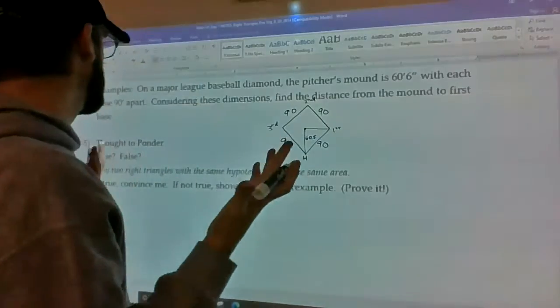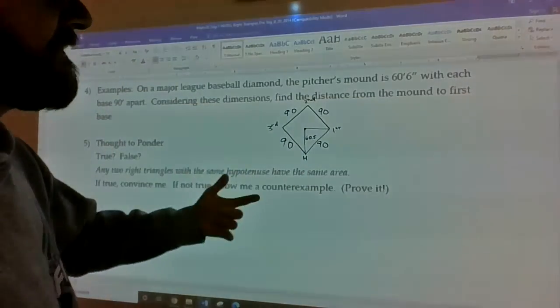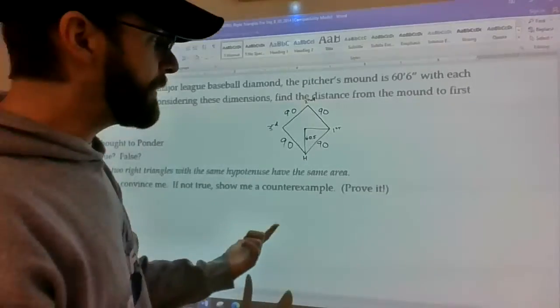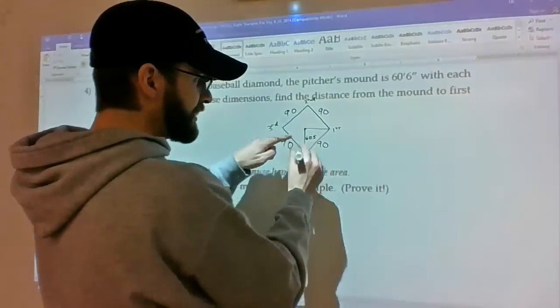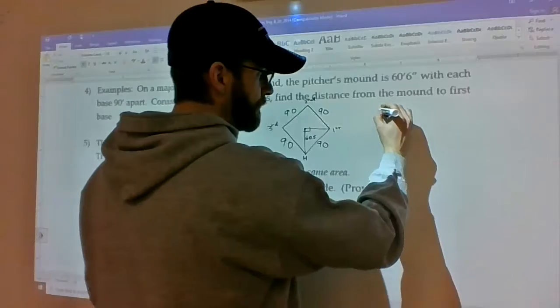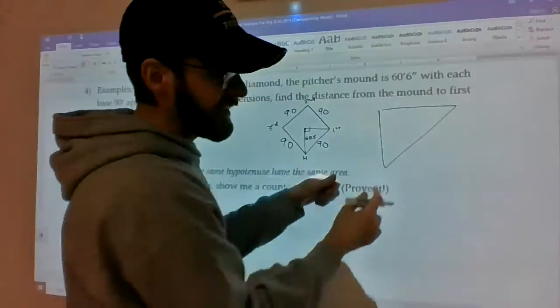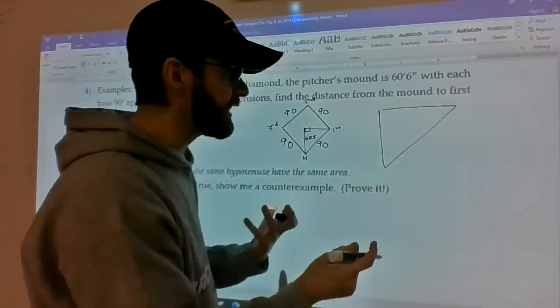Now, considering these dimensions, find the distance from the mound to first base. So they're basically asking us to take this right triangle. So I'm just going to isolate this right triangle. I'm kind of like dilating it. I'm making it larger.